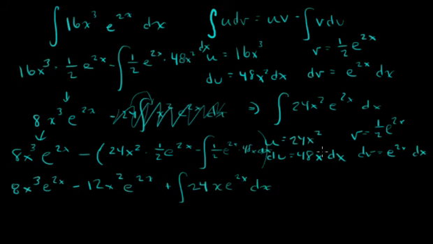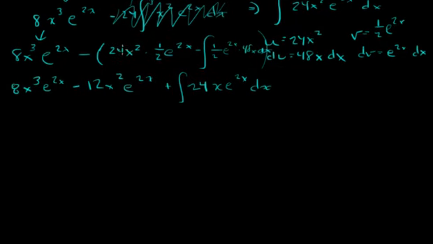I'm just writing it again. I know you guys are excited, but let's do another integration by parts. In this case, we want u to be 24x. So let u equal 24x.